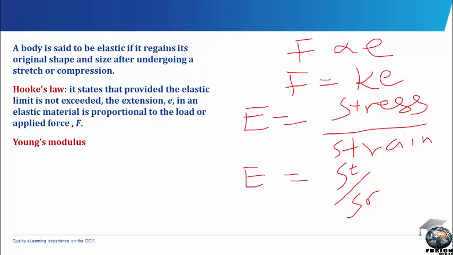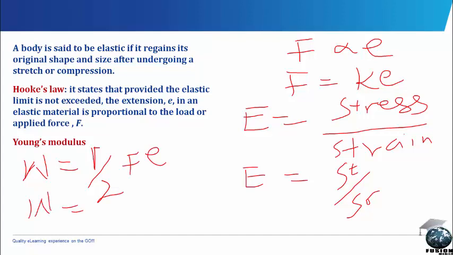So we can continue from here and say that since work done is equal to half Fe, that means work done is equal to half F times e.